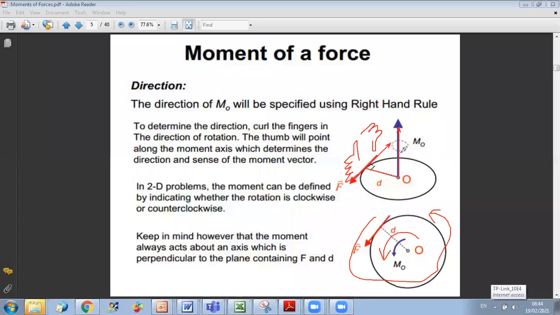Here you can see it clearly, it's perpendicular upward. If I want to represent it as a vector in this view, I will just see a point which is pointing towards you. And if you curl your hand, then the thumb will be perpendicular to the plane and pointing outward.